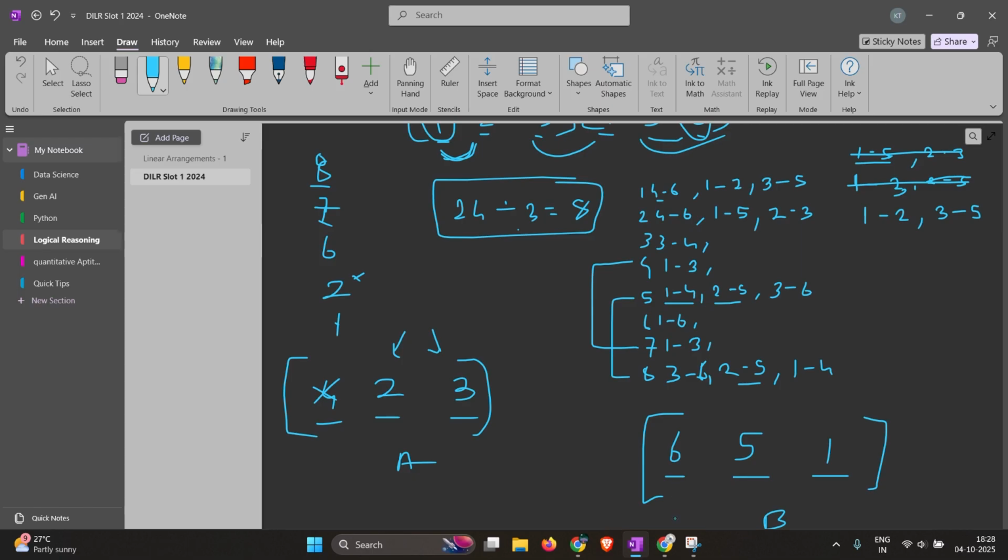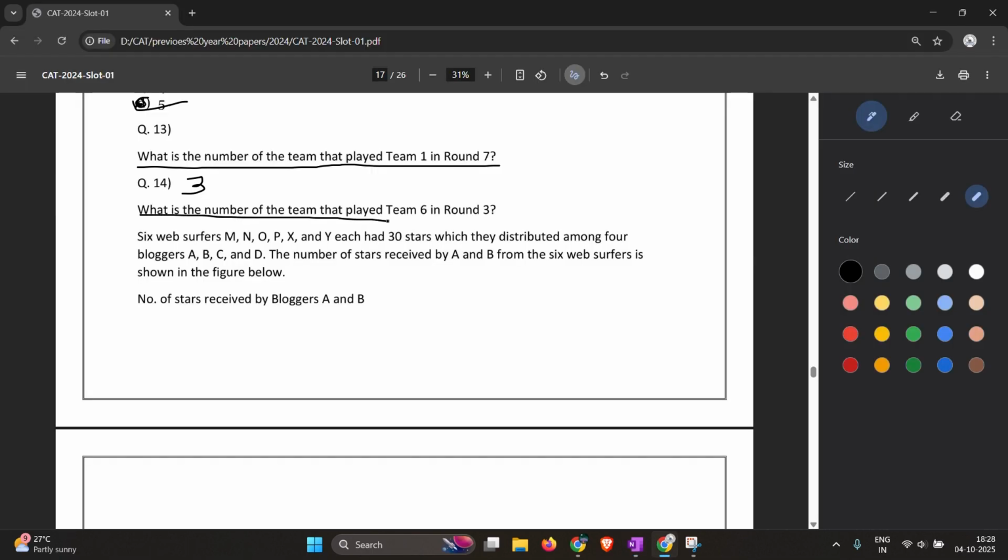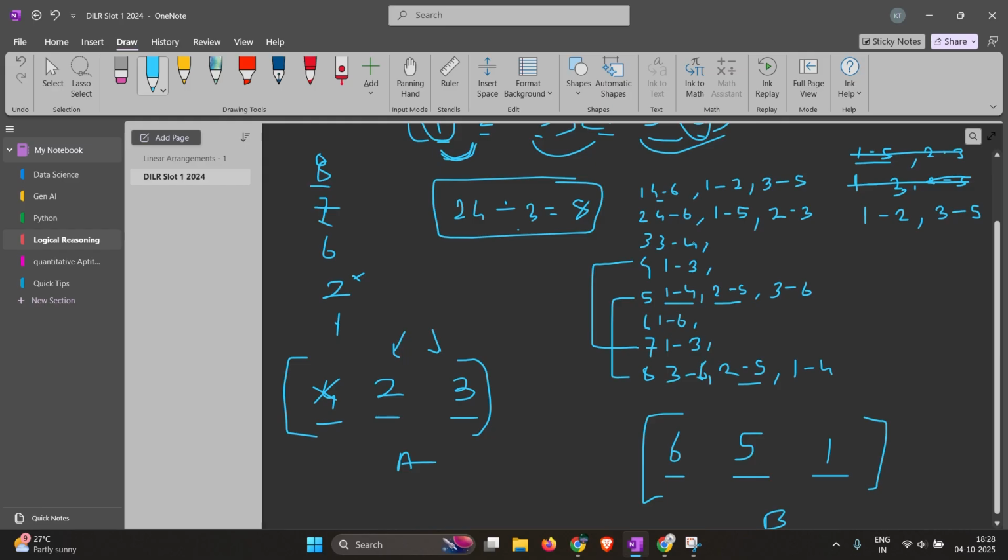Now we know that. What is the number of the team that played team 6 in round 3? So in round 3, which team played with team 6? Since 1 and 2 also need two matches because they are in different teams, the other match over here, we know who 1 plays with. All these other places we know what the matchups for 1 are.